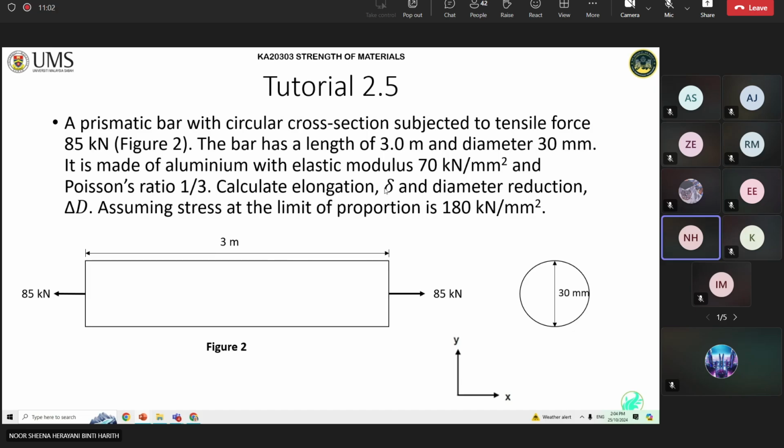Calculate the elongation, the delta, and the diameter reduction, meaning the lateral strain as well as the longitudinal strain.